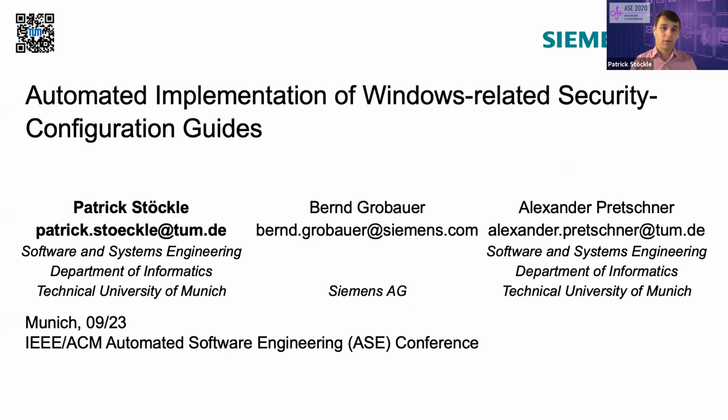We are working on this, but as I said, Windows was easier to achieve and was also more in the focus of our collaboration partner Siemens, because a lot of business infrastructure is still based on Windows.